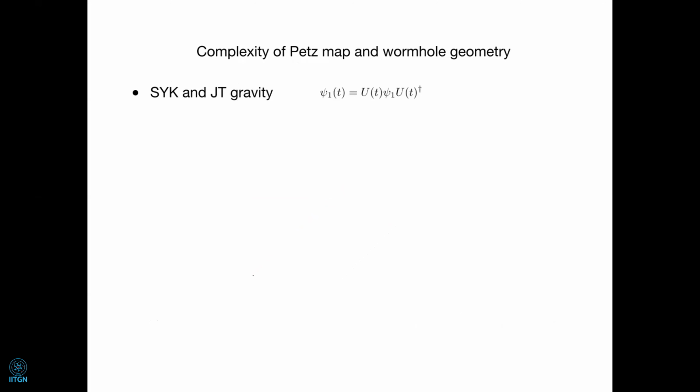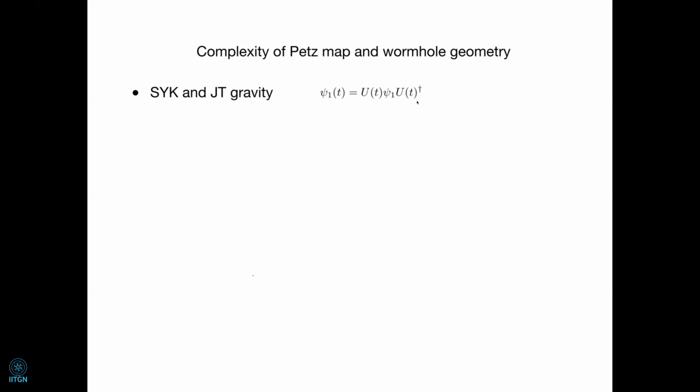We look at this in particular examples of SYK and JT gravity. Imagine we have some low temperature state of SYK, which has a bulk dual of a black hole. And at time t, we apply an operator. We throw in a fermion at the boundary, which we model by psi_1 of t.